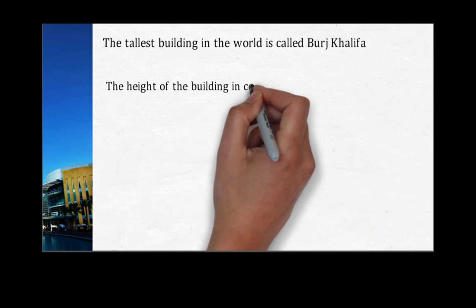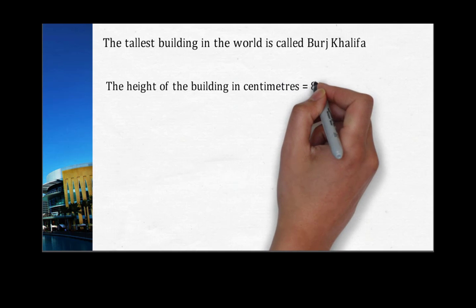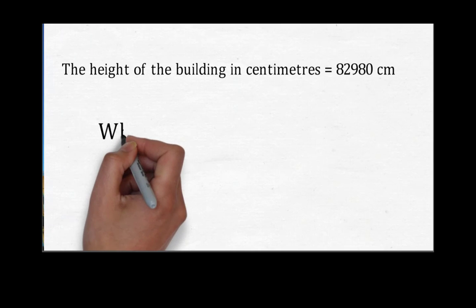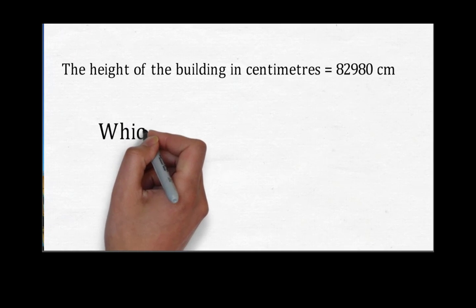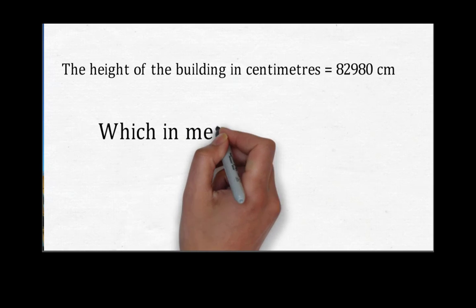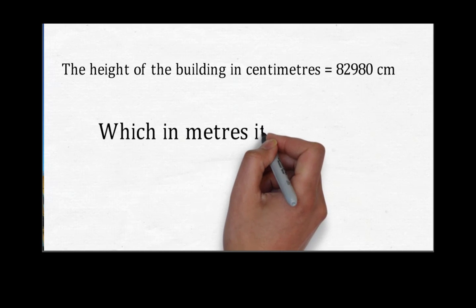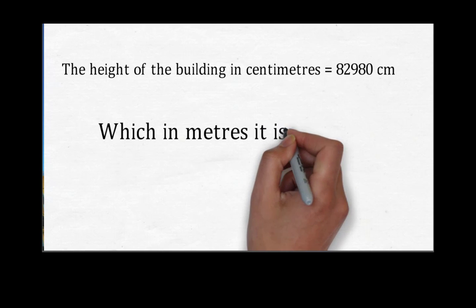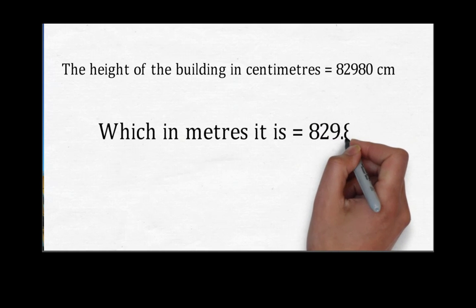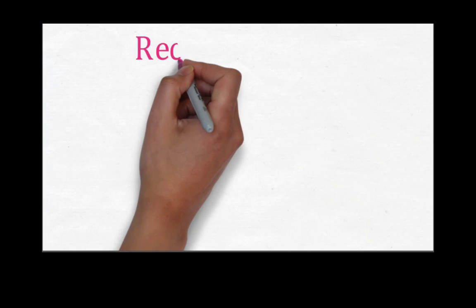Let us calculate it. We will not be able to measure it with small measuring tapes. It is 82,980 centimeters. That is very high. If we put it in meters, how much will it be? Come on, have a guess. In meters it is 829.8 meter. Now we understand it, is it not?